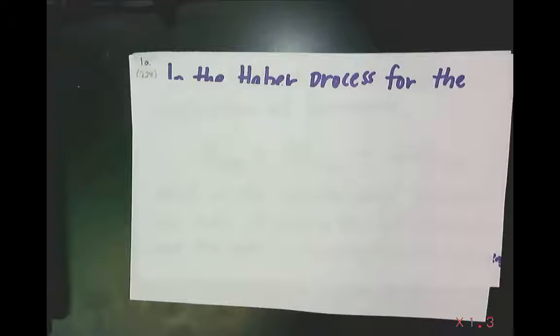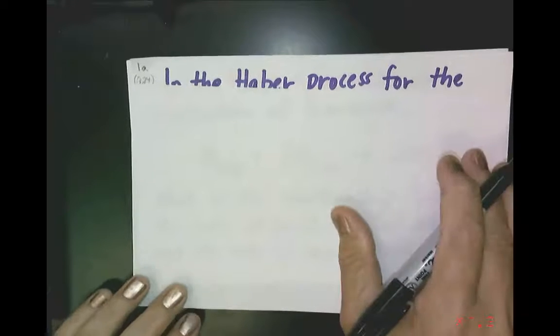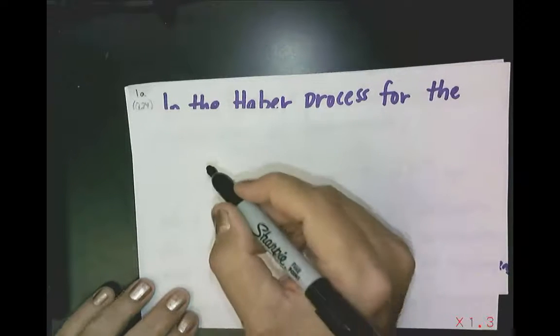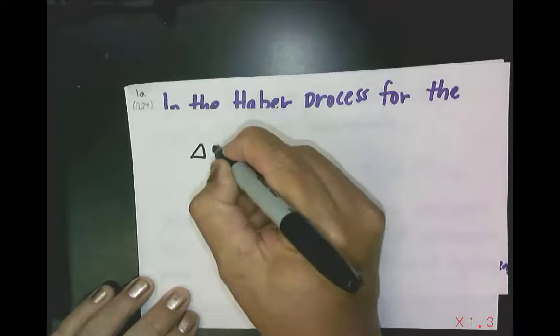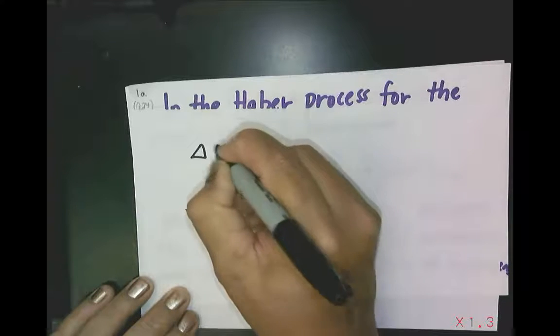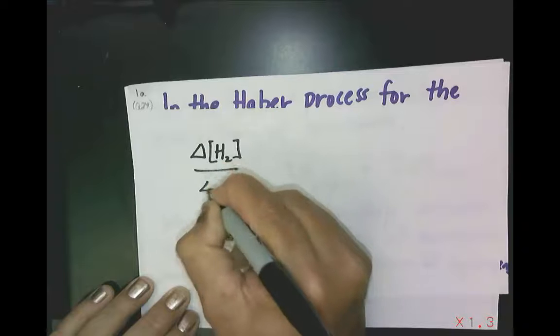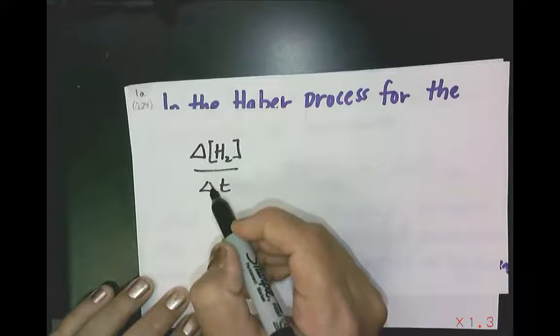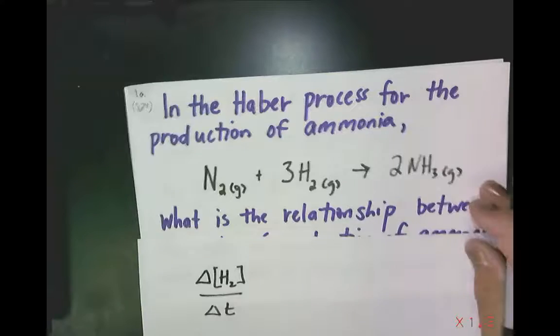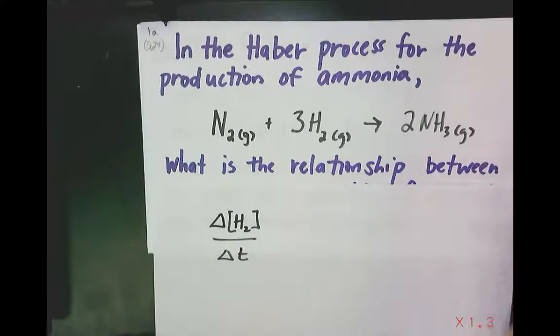Let's solve this using the coefficients. Our change in hydrogen over time is a 3 to 2 relationship.